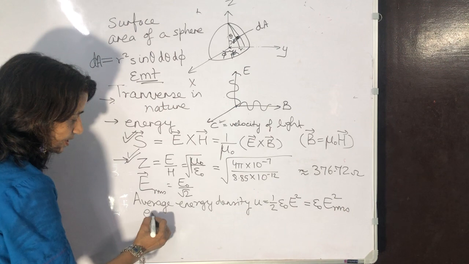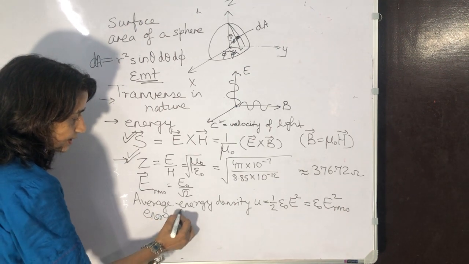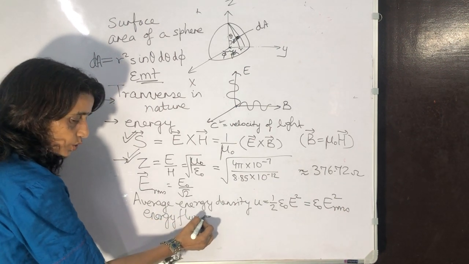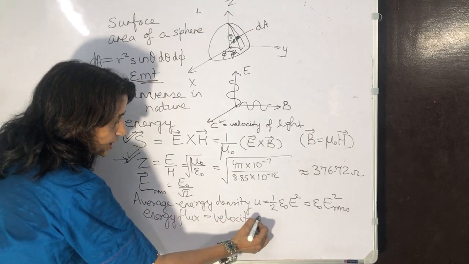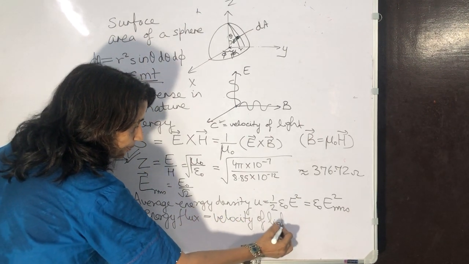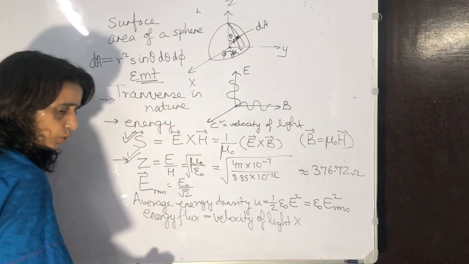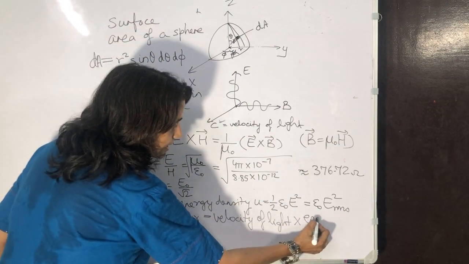Energy flux is equal to velocity of light into energy density.